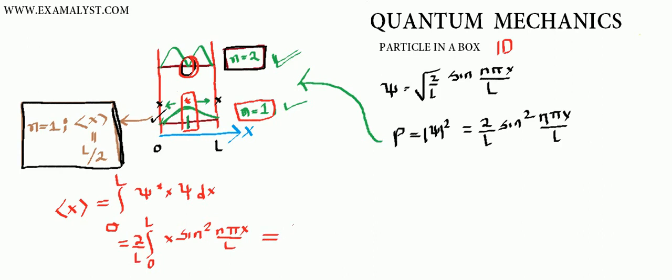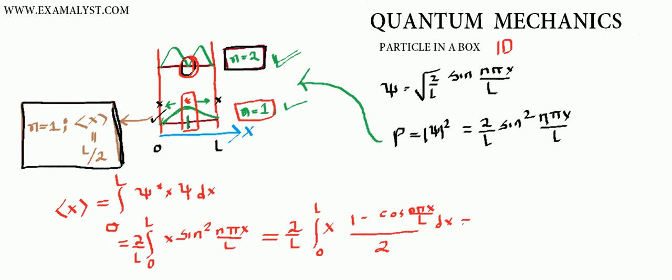Well, let me give you one step, the next is your work. So 2 by L integration from 0 to L. Break the sine square into cos, so that will be 1 minus cos n pi x by L, whole divided by 2, into dx. This is how you need to solve the integration.